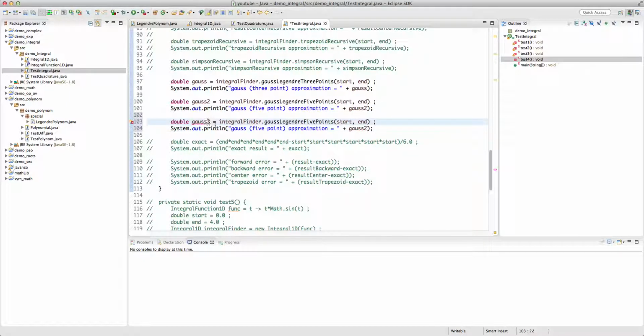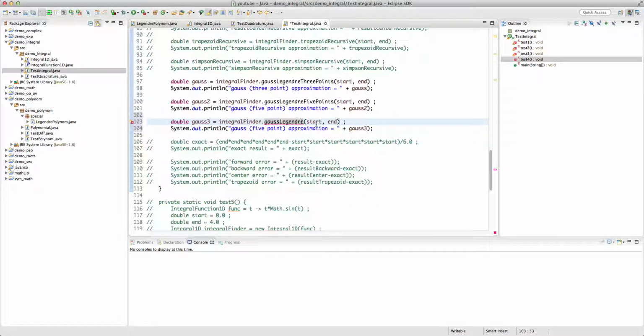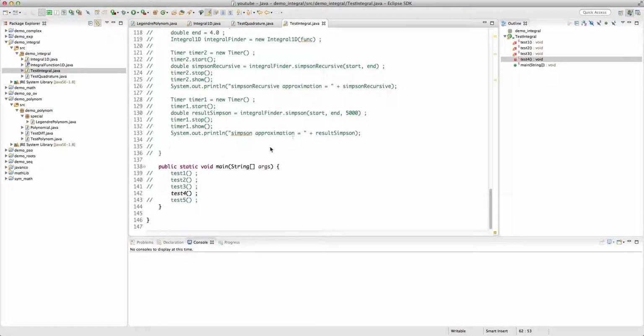So I'm going to call Gauss-Legendre here with, let's say, 40 points. So 3 points, 5 points, 40 points. And I'm integrating t times sine of t from 0 to 40. So let's see what happens.